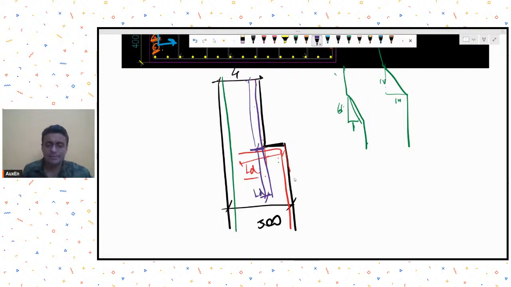Clear? Is this clear? Yeah. So this is what you can do. So this is what we generally do in case this 1:6 slope requirement is not met. We will terminate the column bar coming from the below column and start a new bar over here. Okay. So I hope the query is answered.